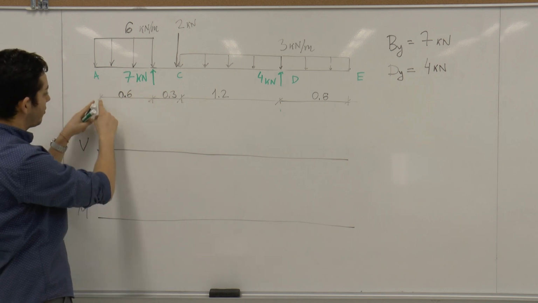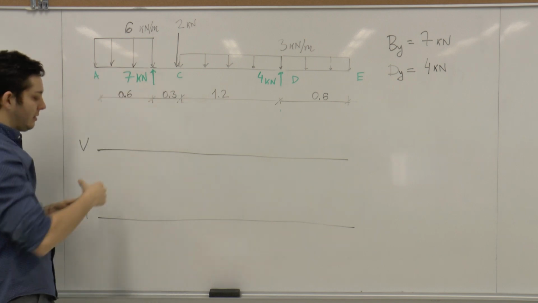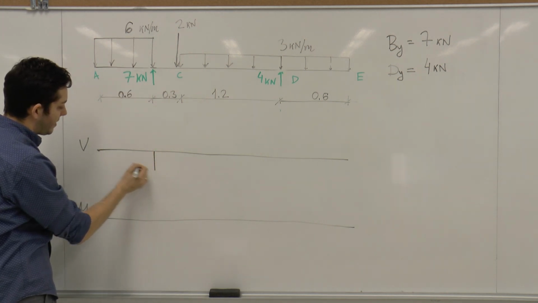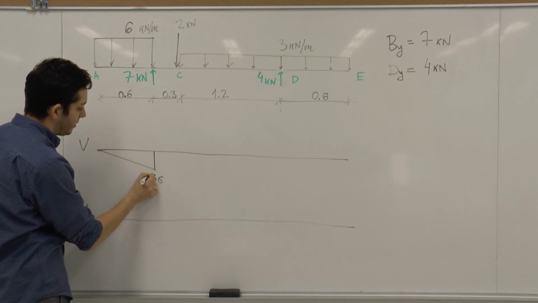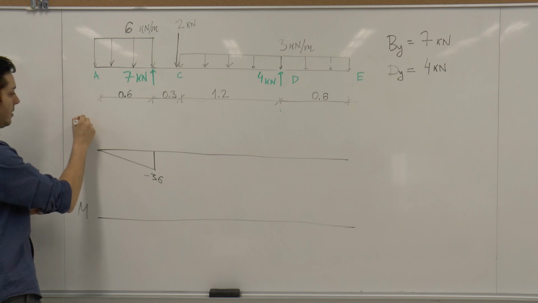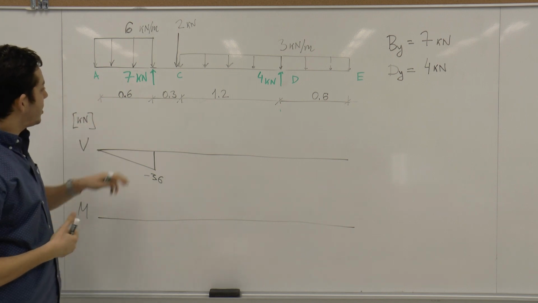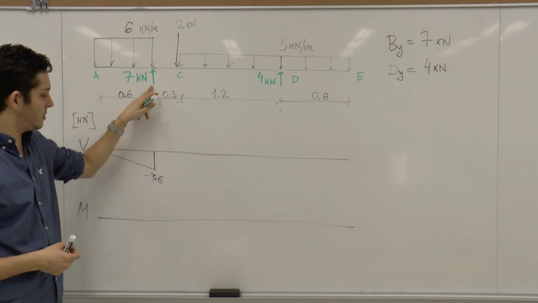So the change from point A to point B will be 3.6, and the force is acting down, so this value is negative 3.6 kilonewtons.